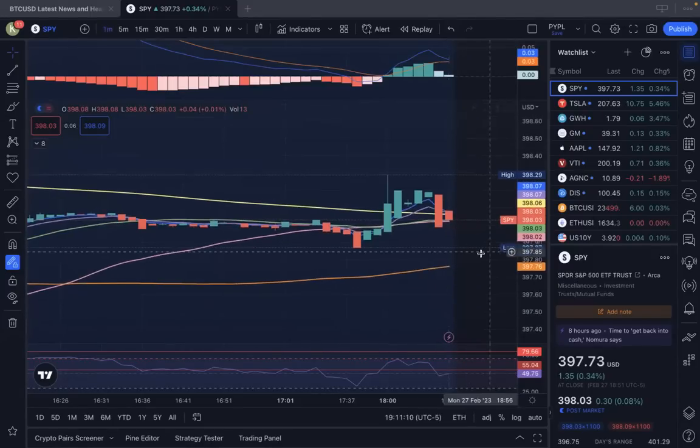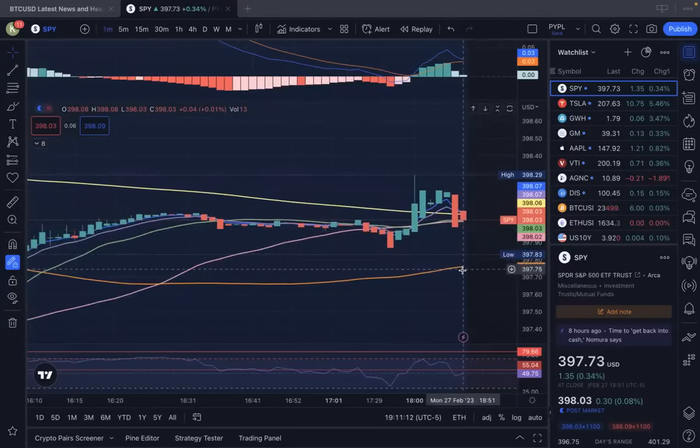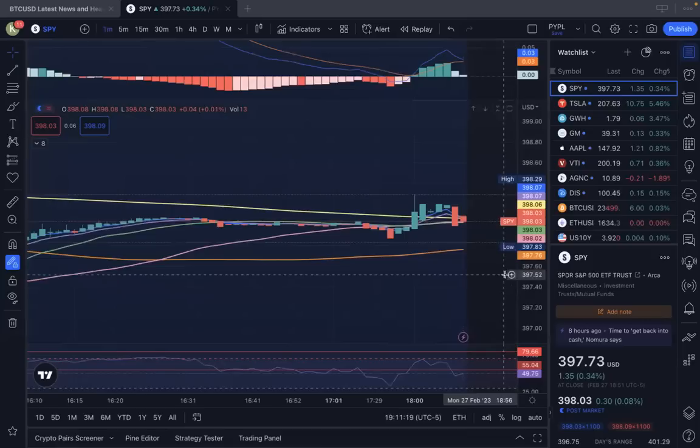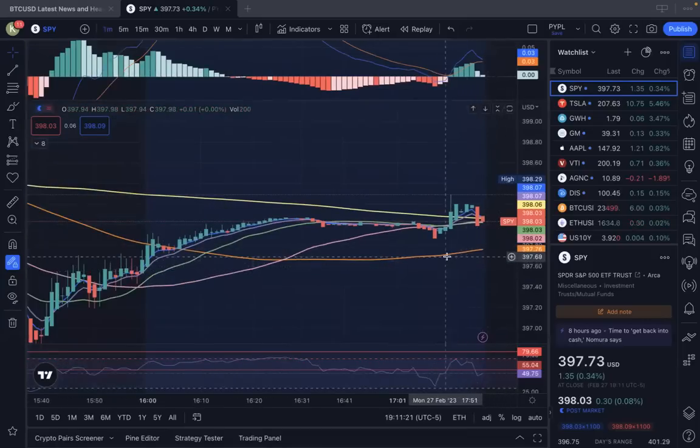And that would likely be another support line or even resistance. You never know. It seems like it could be another support. 397. Hopefully it doesn't fall down that much.